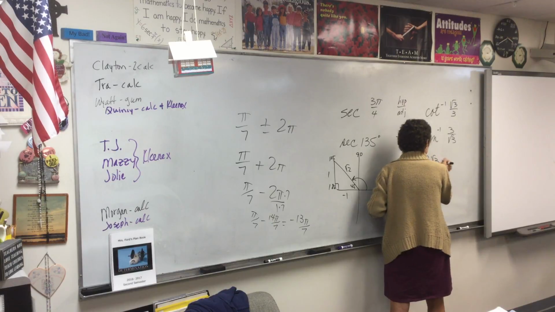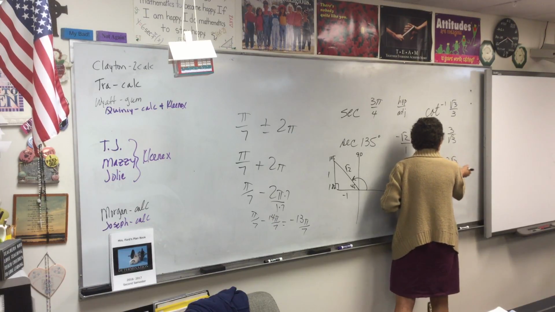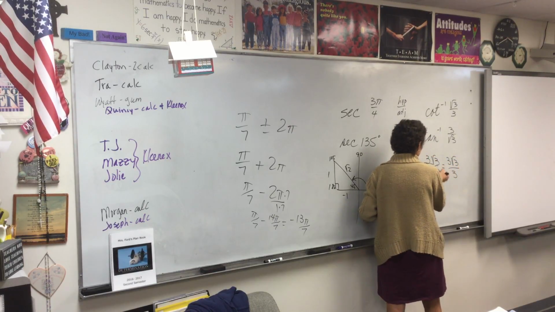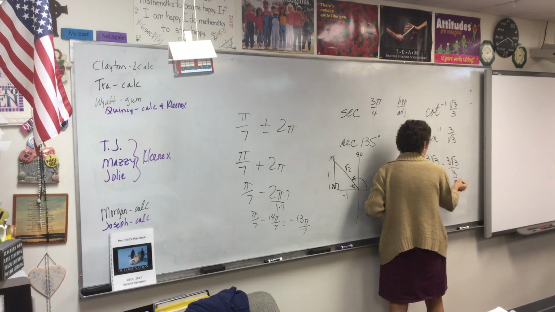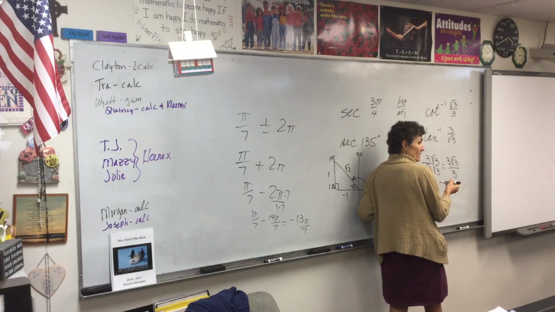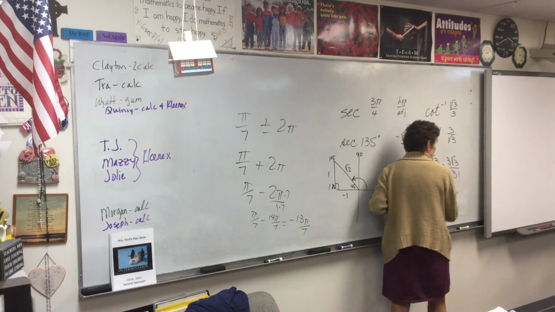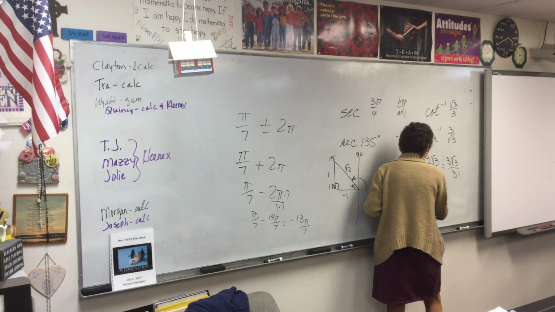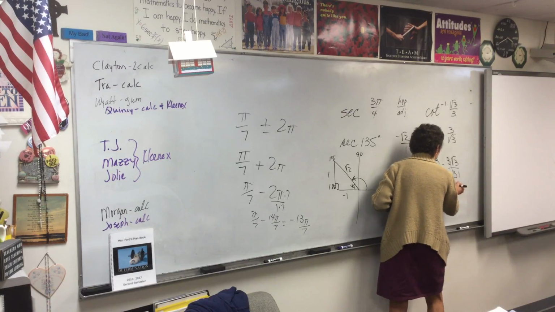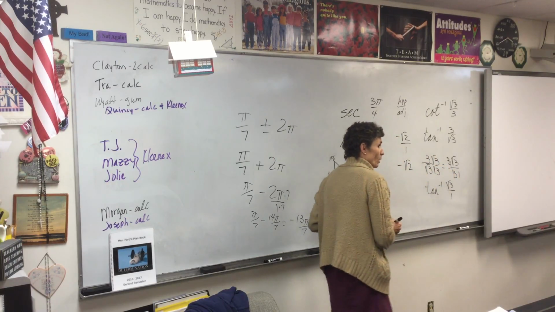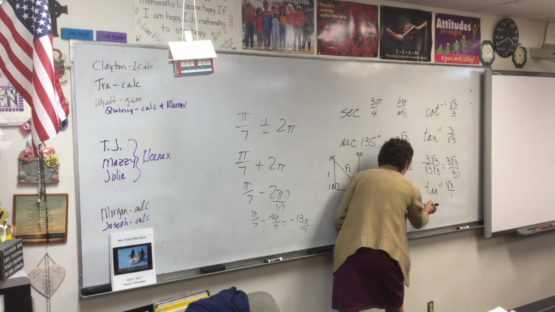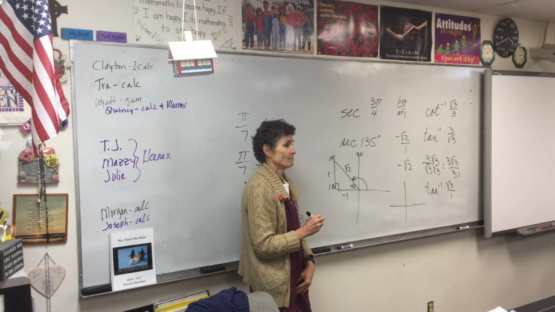I'll rationalize it. What does that rationalize to? If I multiply top and bottom by root 3, doesn't that just work out to be root 3 over 1? So I have an angle whose tangent is root 3 over 1. Which quadrant will that angle be in?